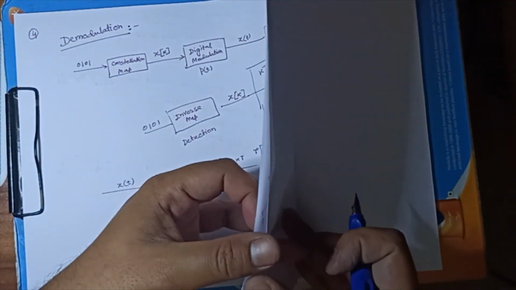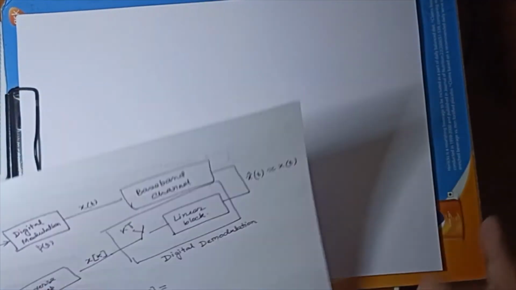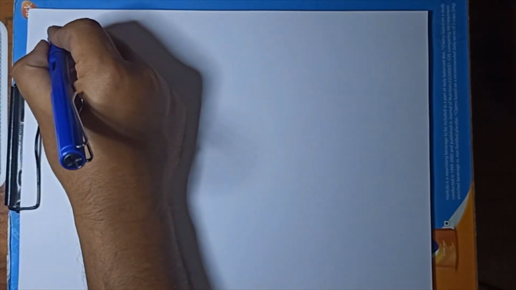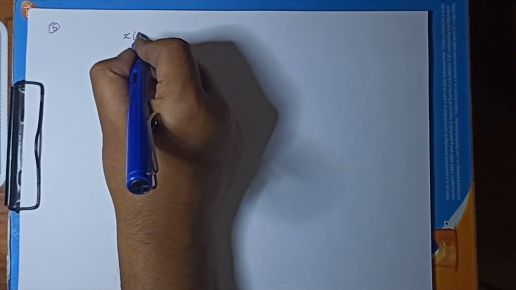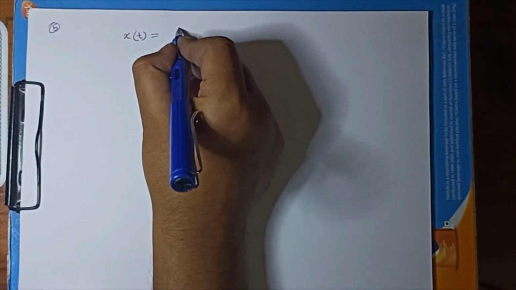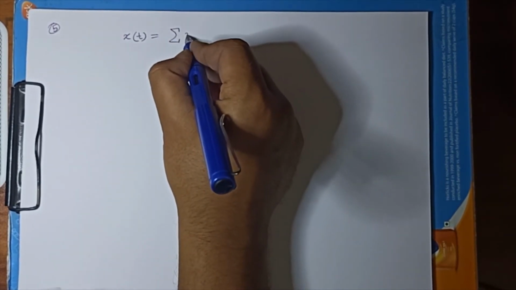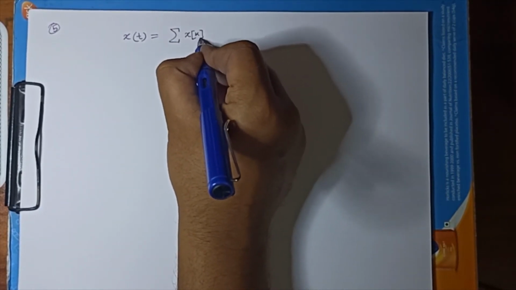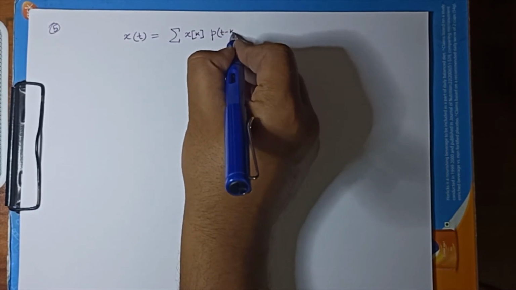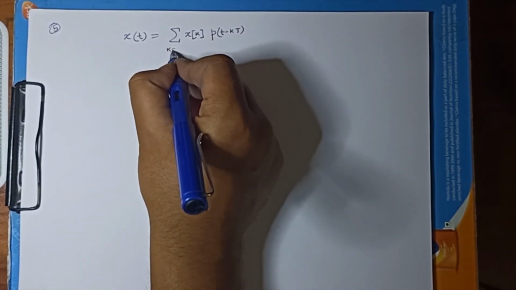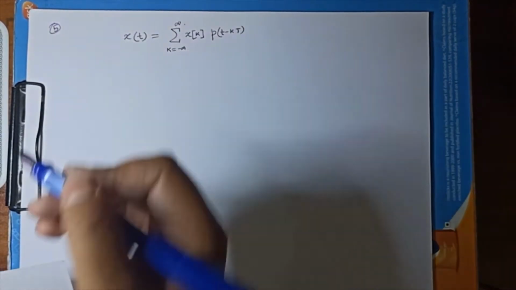Going to the next page. So x(t) is equal to the summation of x_k p(t minus kT), k equal to minus infinity to infinity. So put it there.